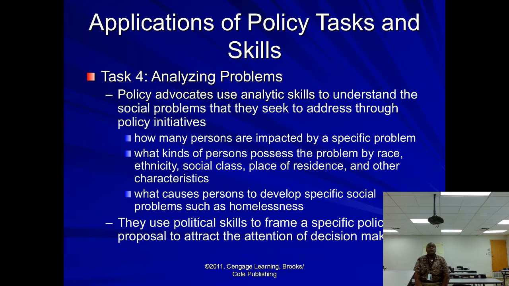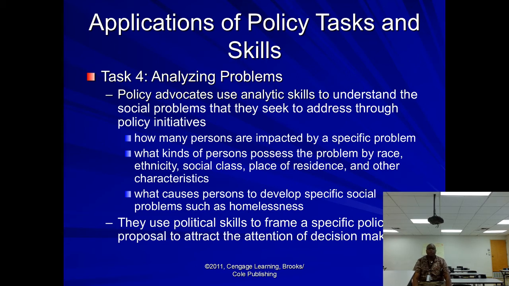Policy advocates use analytic skills to understand the social problems that they seek to address through policy initiatives. This is how they analyze the problems. This is task number 4. How many persons are impacted by a specific problem? What kinds of persons possess the problem by race, ethnicity, social class, place of residence, and other characteristics?